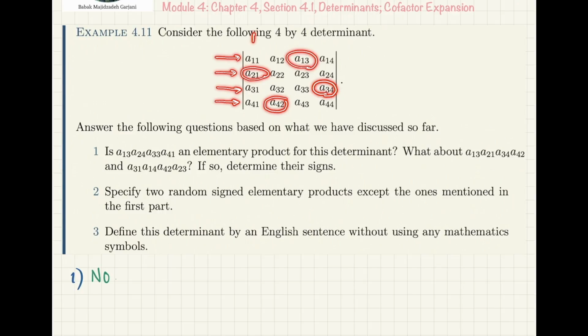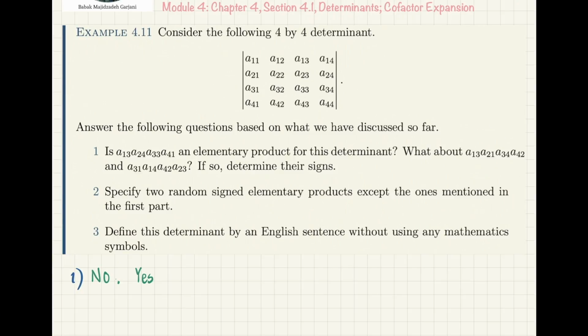And if you look at the columns, I have exactly one element from each column. So the answer to the second one is yes. Another way of looking at this is that the first indices cover all numbers from 1 to 4 exactly once, and the second indices are exactly 1, 2, 3, and 4. So this is an elementary product for this determinant.